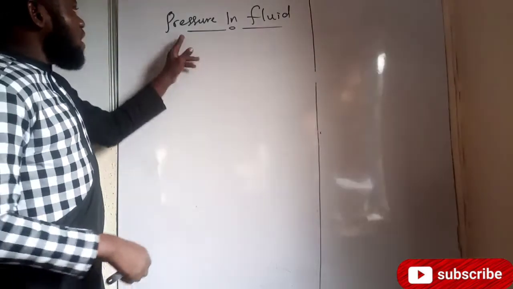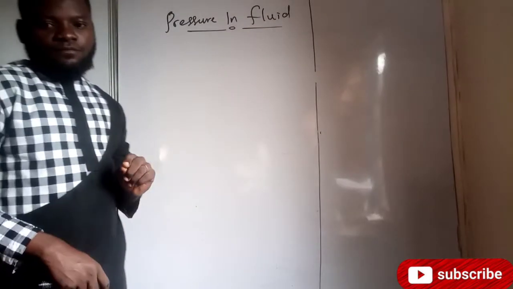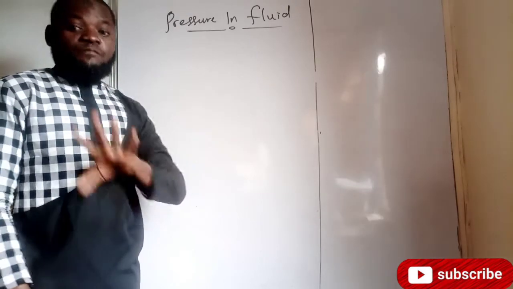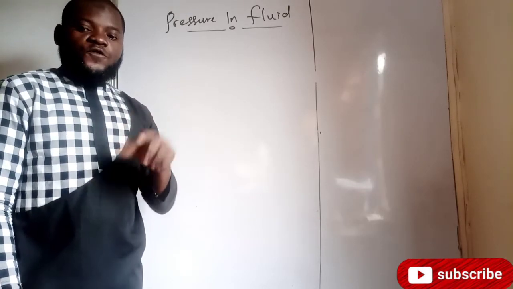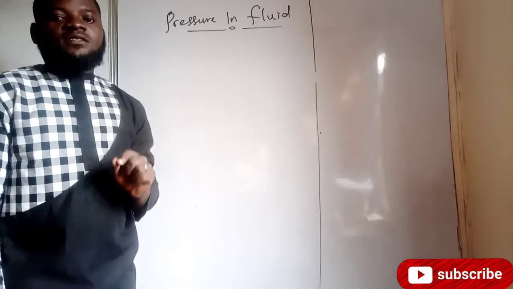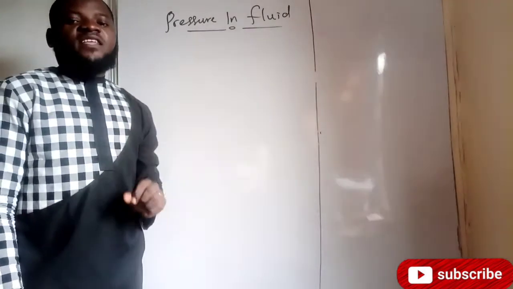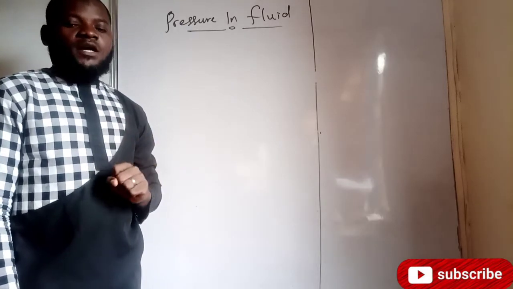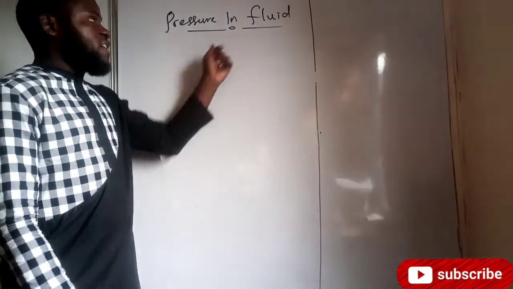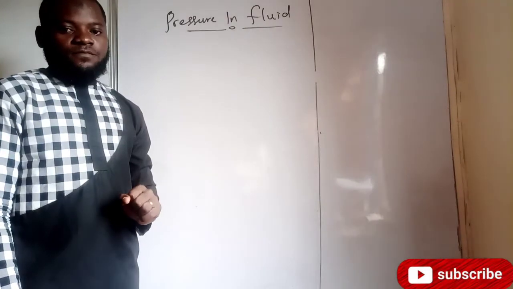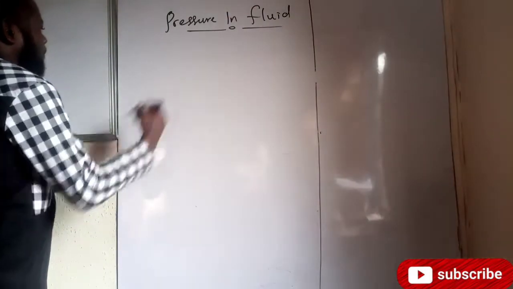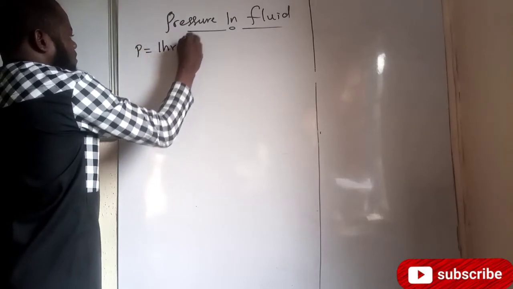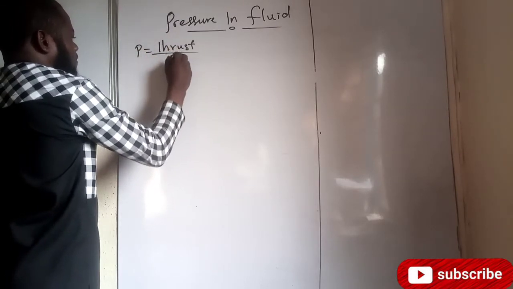Now, when you talk about pressure in fluid, remember we've discussed the concept of pressure. If you are yet to watch the video, you can check the description box below. You find the links to the video there. We explained the concept of pressure, and I would like to recall it before I move into pressure in fluid. We said pressure is defined as thrust per unit area.